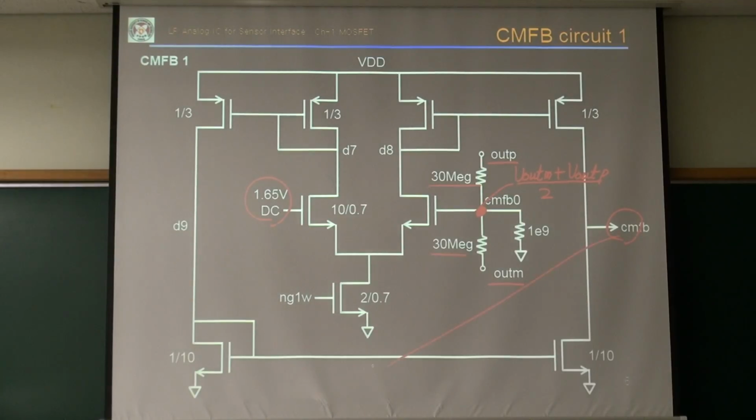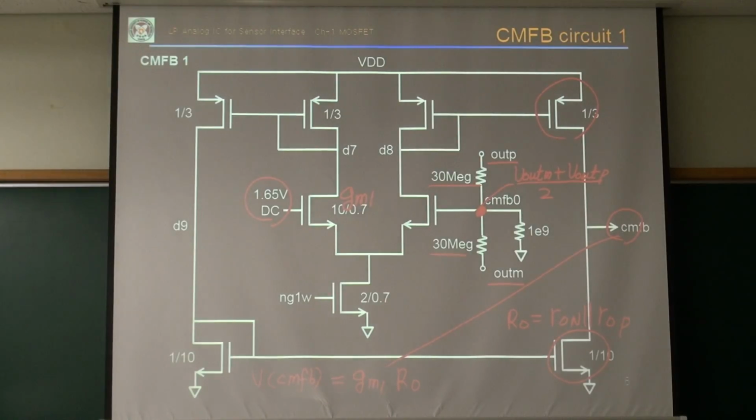So this CMFB voltage will be some GM1 times RO. This RO is just the RO of this one and the RO of that one in parallel. That's my RO.